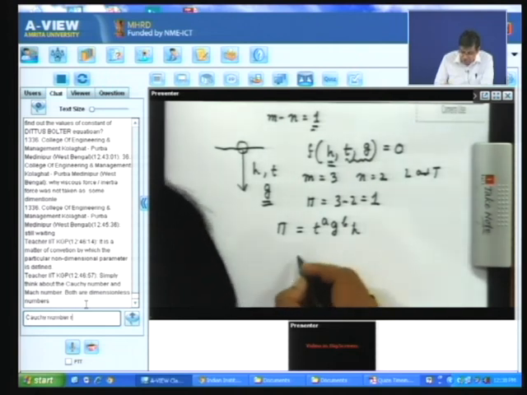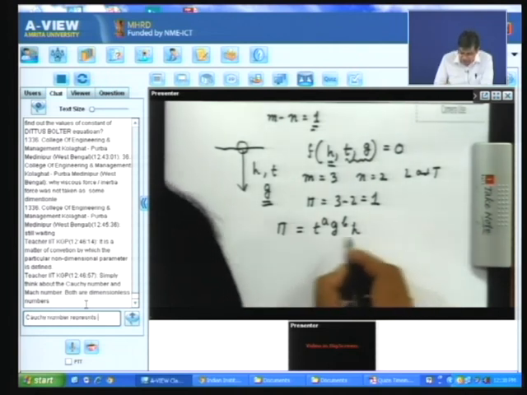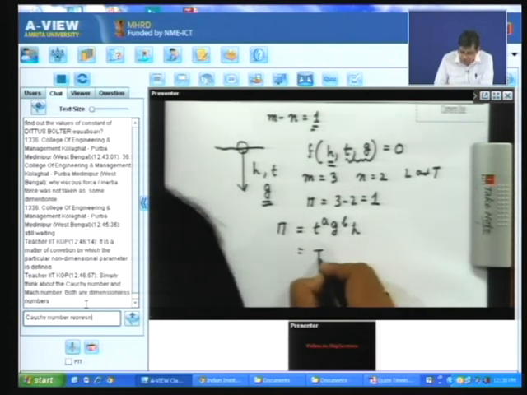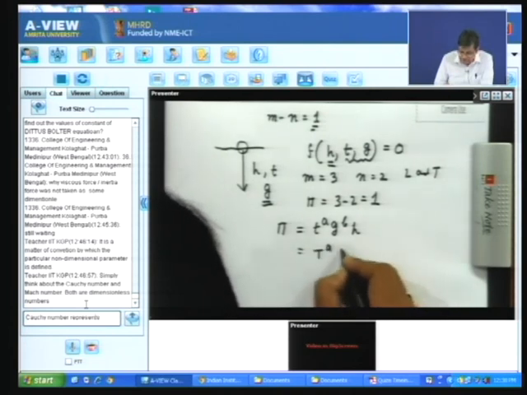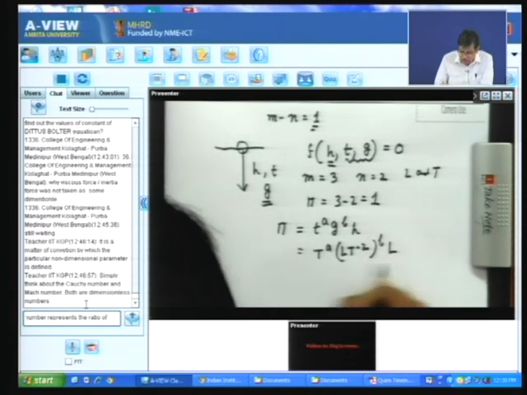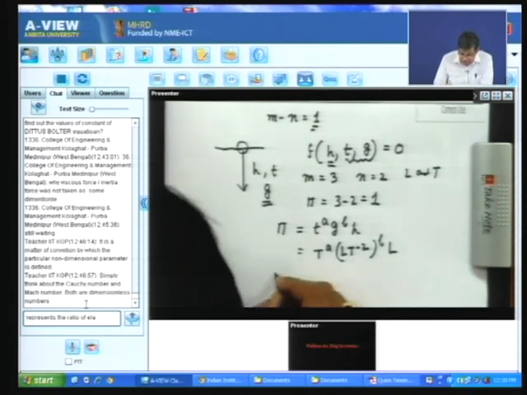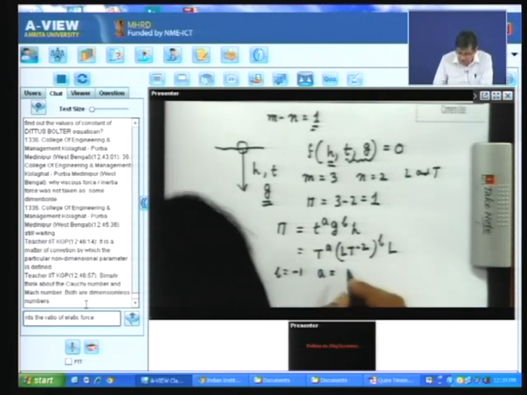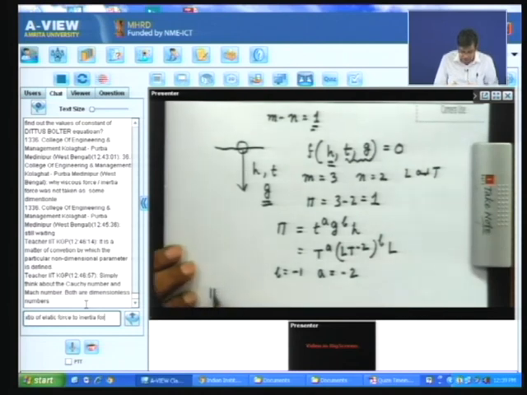And if you solve the thing in terms of dimensions, t is T, so T to the power a, g is L T to the power minus 2, to the power b, and h is L. And if you solve this, you will see that b is equal to minus 1 and a is equal to minus 2, which makes pi equal to h by t to the power minus 2, g to the power b, which is g t square.